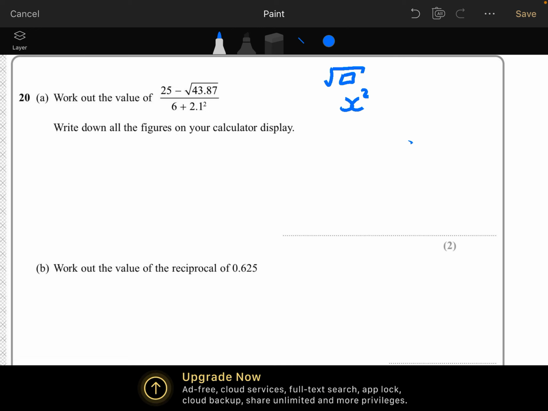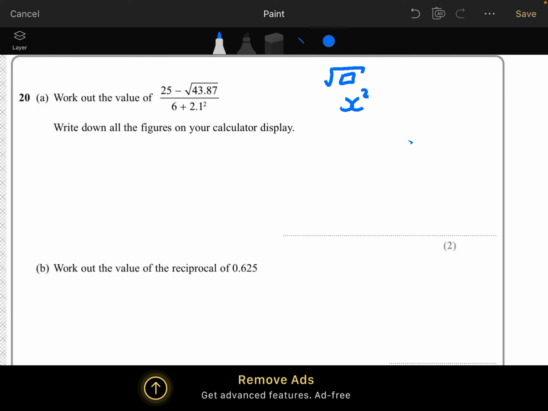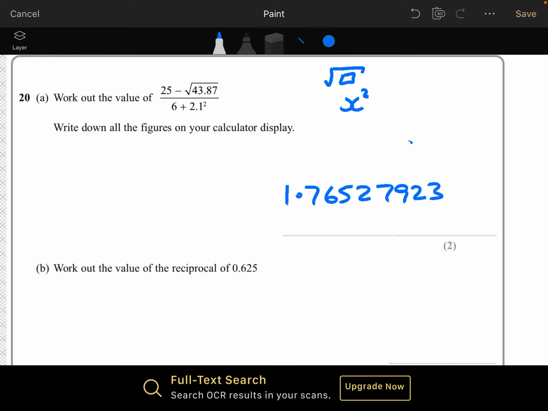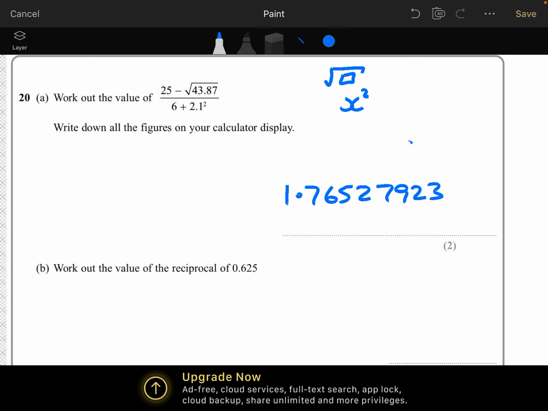Once I'm happy that that all looks exactly the same and I haven't done any typos, I press equals, and it should come up with 1.76527923. Now your calculator may show slightly more or slightly less than that, but that will be sufficient to show everything on my calculator display.